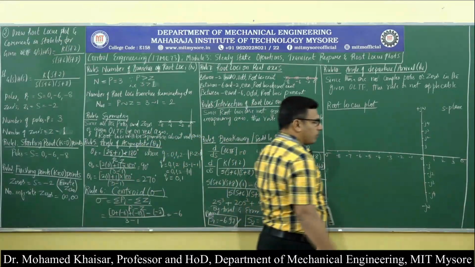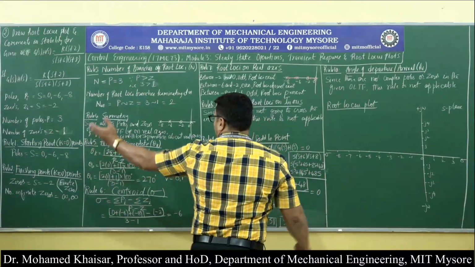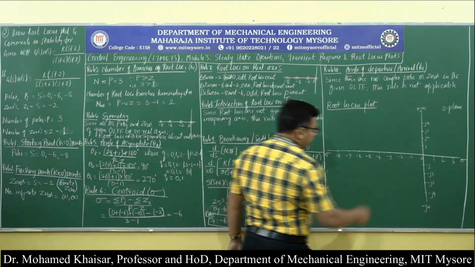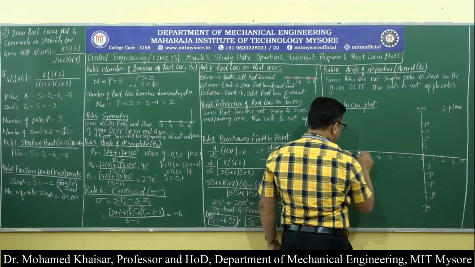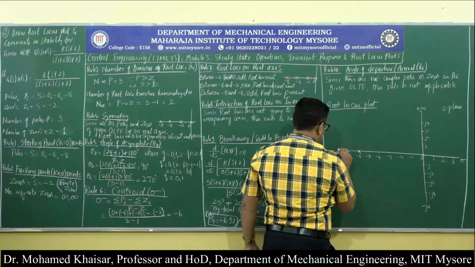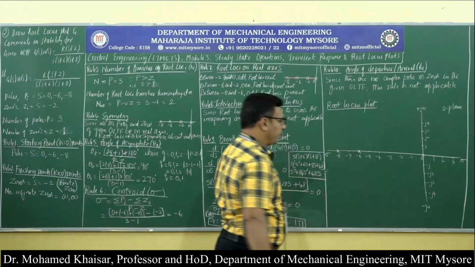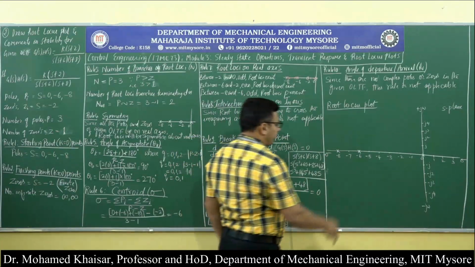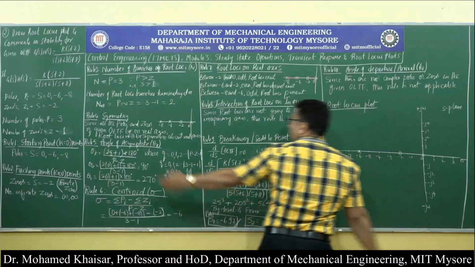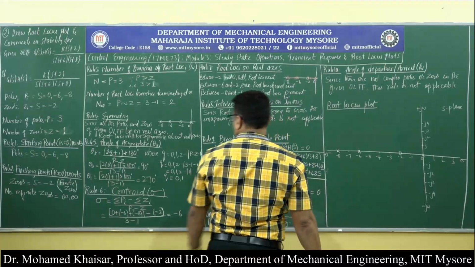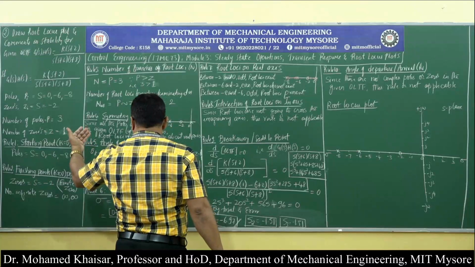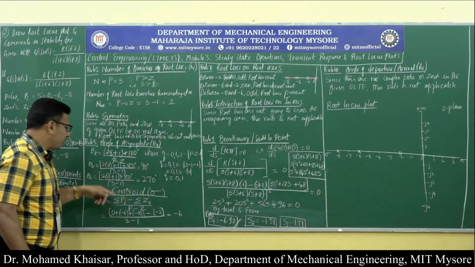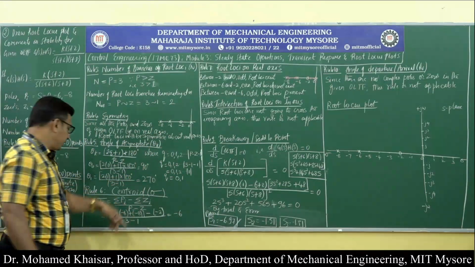Now let us try to mark all the poles. So starting points are all the poles. So poles are 0, then minus 6 and minus 8. 3 poles we have got. And then there is a zero at minus 2 in the given problem. Then, the angle of asymptotes, as we have calculated, is 90 degrees and 270 degrees.